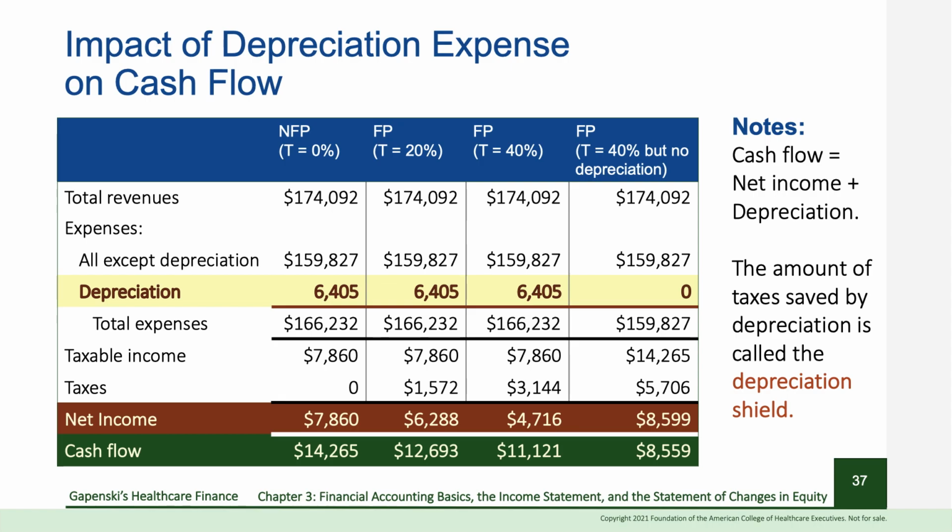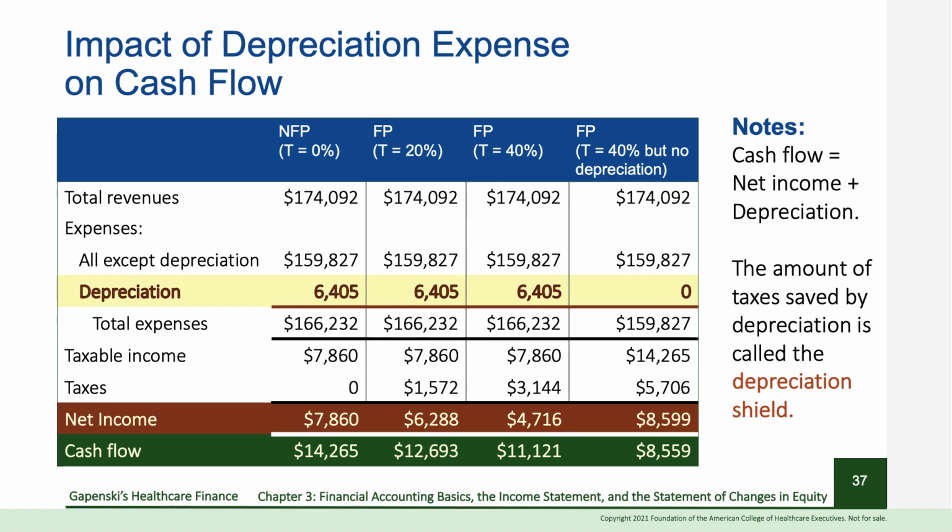And for a for-profit which has a tax of 40%, the $7,860 is still the same, but you are charged a 40% tax on it, which amounts to $3,144 in taxes, and that leads us to a net income of $4,716 for the for-profit.